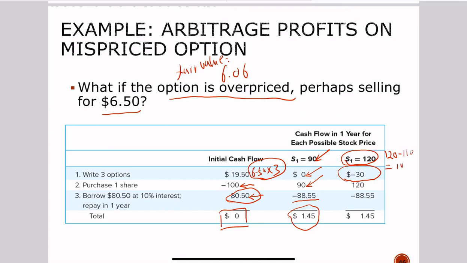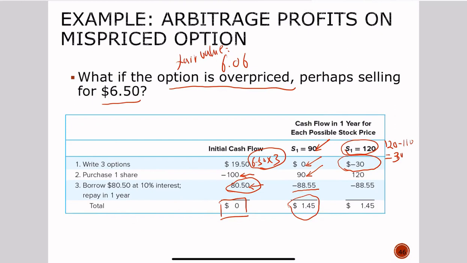And if there are 3 calls, the option buyer will earn $30. You're the seller, right? Because you're writing call options. So your cash flow is the negative of 30, right? So you have minus 30 here. And if you add up these three numbers, again, you get $1.45, right?